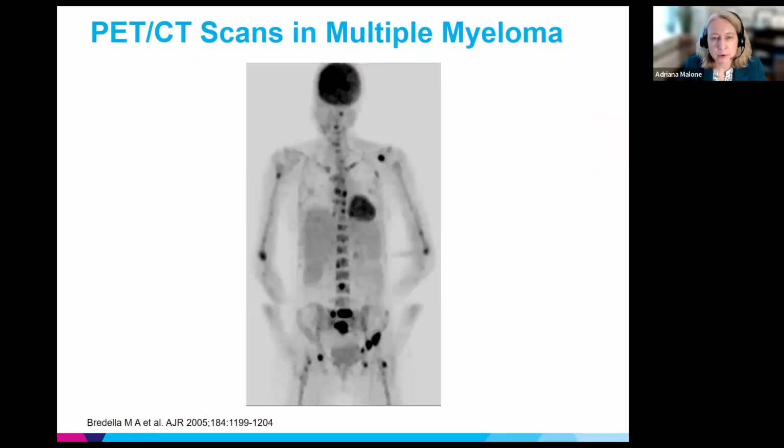The PET scan is more sensitive than plain films, and the PET CT works by detecting the energy that's emitted by positively charged particles. A radio tracer is broken down inside the patient's body. Positively charged particles are made and are then detected by the scanner. And PET CTs are very useful at the time of diagnosis and for follow-up.